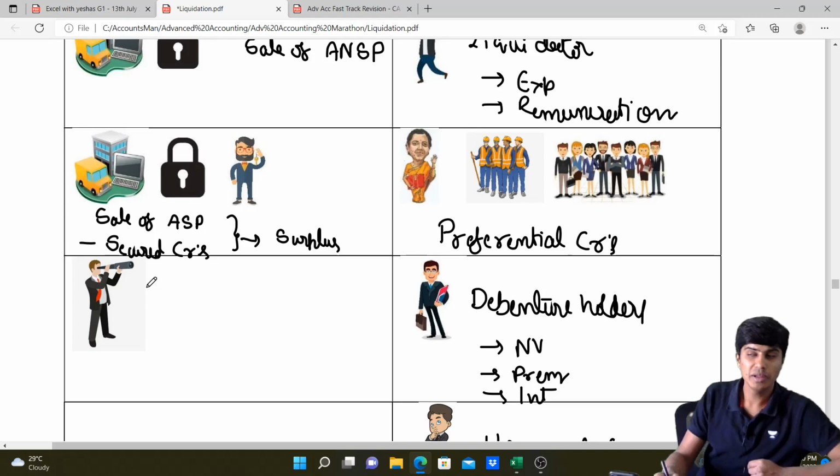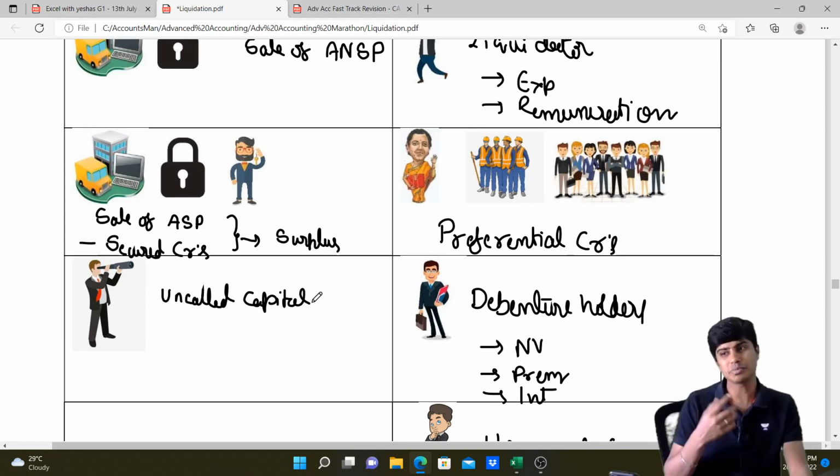To the extent the money is not called previously, the company can make the call now so that such money can be utilized to repay preferential creditors, debenture holders or unsecured creditors.